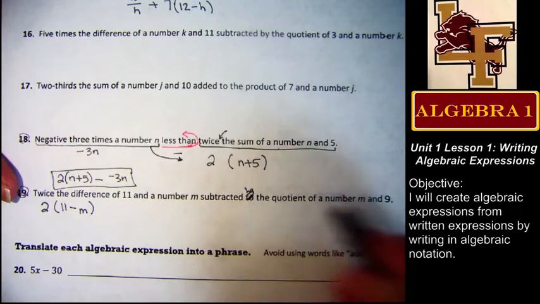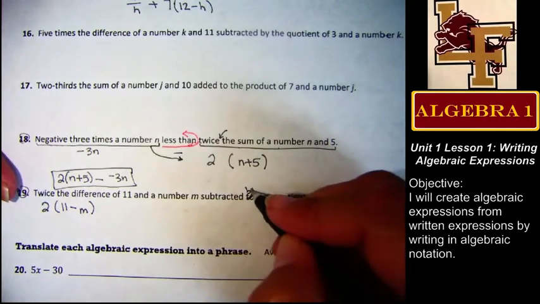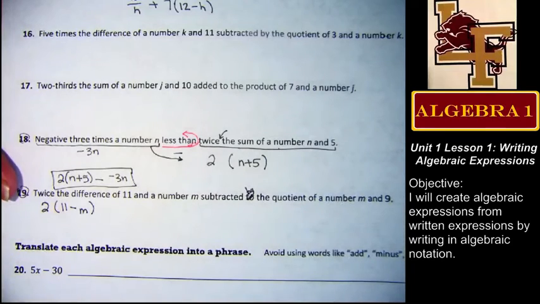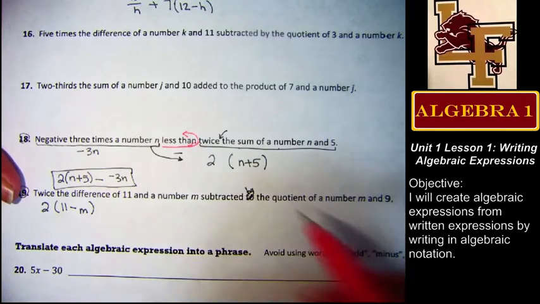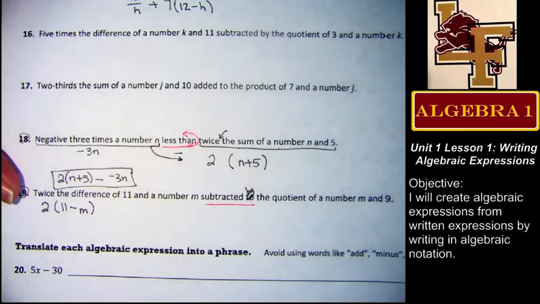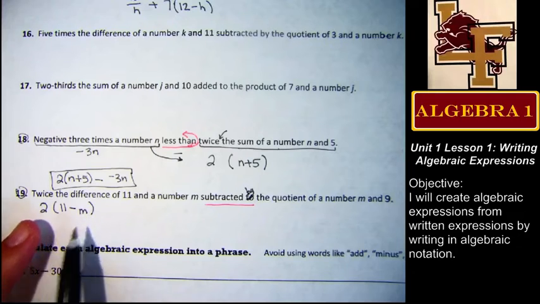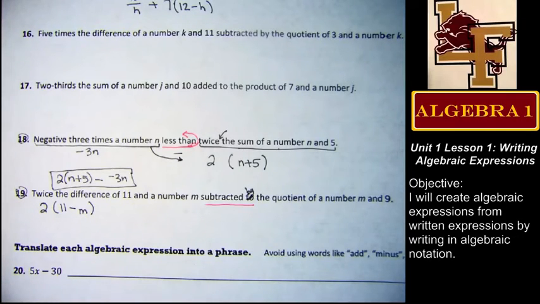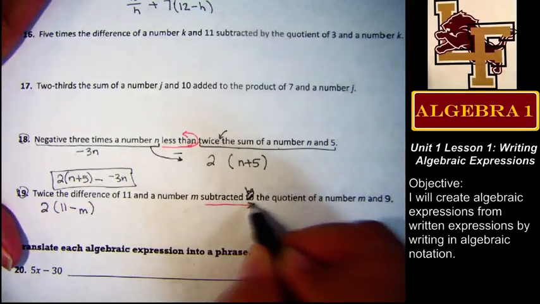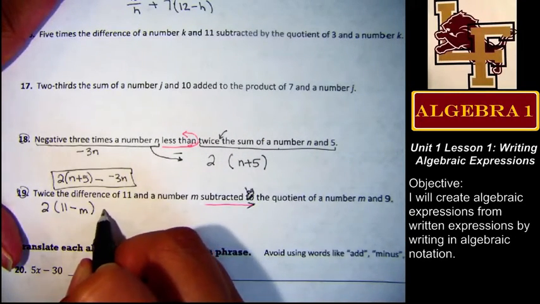Change that word 2 to the word by, please. My apologies for the typo on the English. It's being subtracted by, so that means I'm taking something out of this number. Does that feel like I'm reversing the order or keeping it the same? I'm going to keep it the same because this thing is being subtracted by. I'm taking away from this that's already there. Good, so this is going to keep the direction.